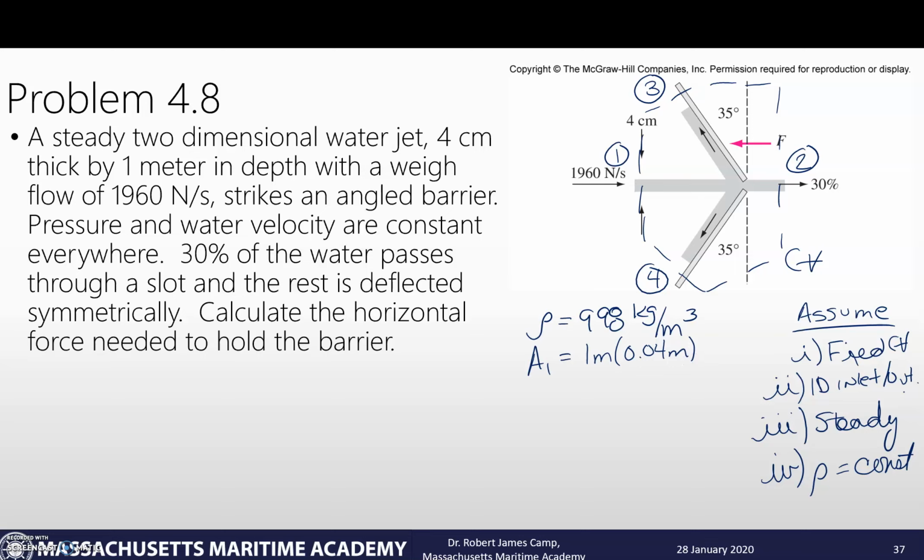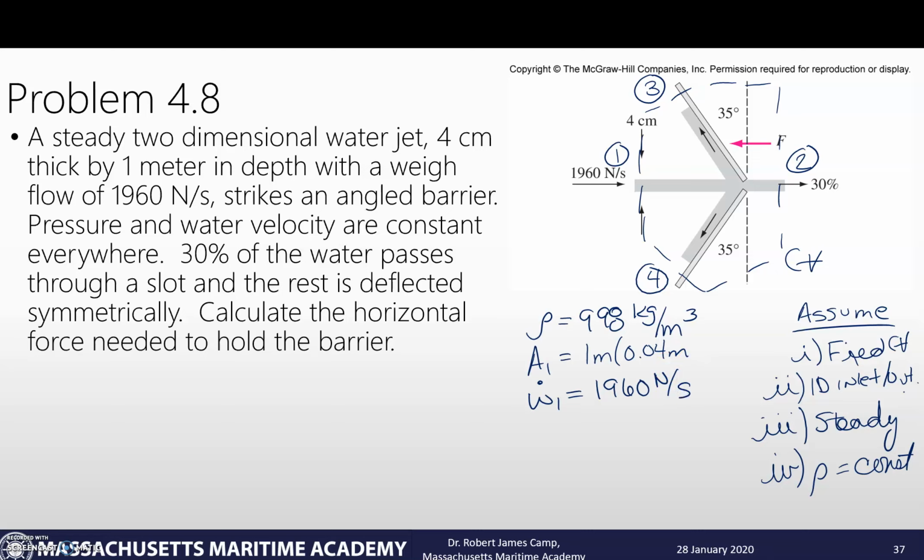And it's got a weight flow rate of 1,960 newtons per second coming in, so my weight flow rate at 1 is 1,960 newtons per second. Remember, the weight flow rate is the mass flow rate times gravity.